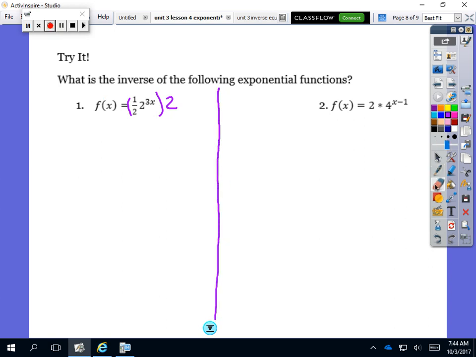So we've got f of x equals 1/2 times 2 to the 3x. Okay, so this is like y equals 1/2 times 2 to the 3x. So this is my b to the p. I need to get rid of that 1/2. Well, first let's switch the x and y.